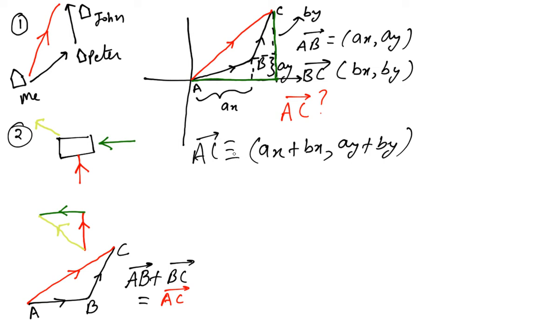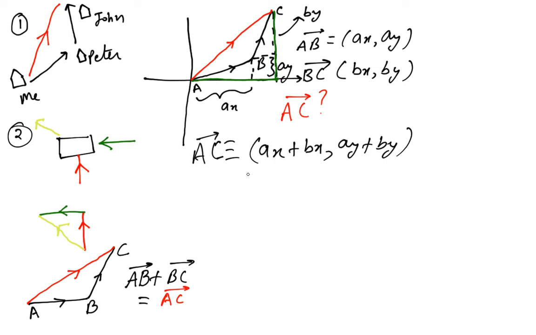That's how we define the Cartesian representation of a vector. The Cartesian representation of a vector is how much you have to travel on the x-axis and then on the y-axis to go from A to C, and that's what we have obtained using simple geometry.